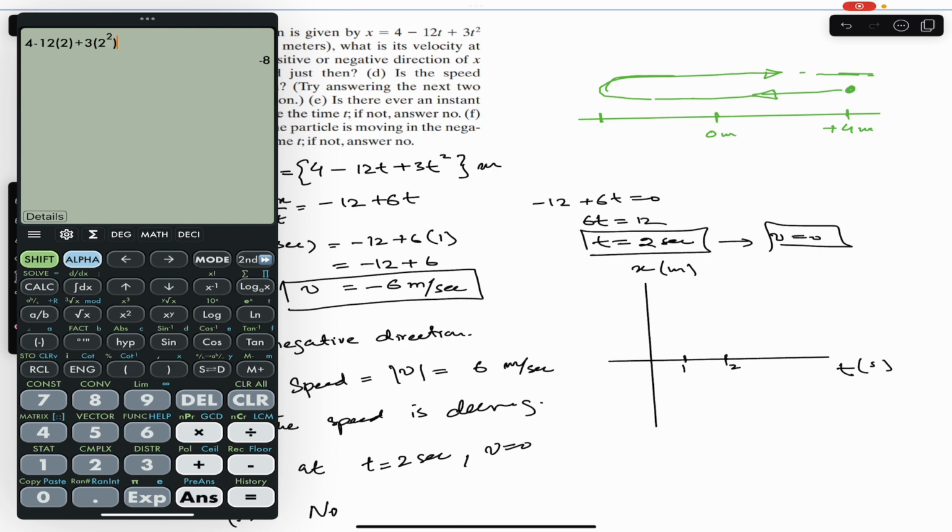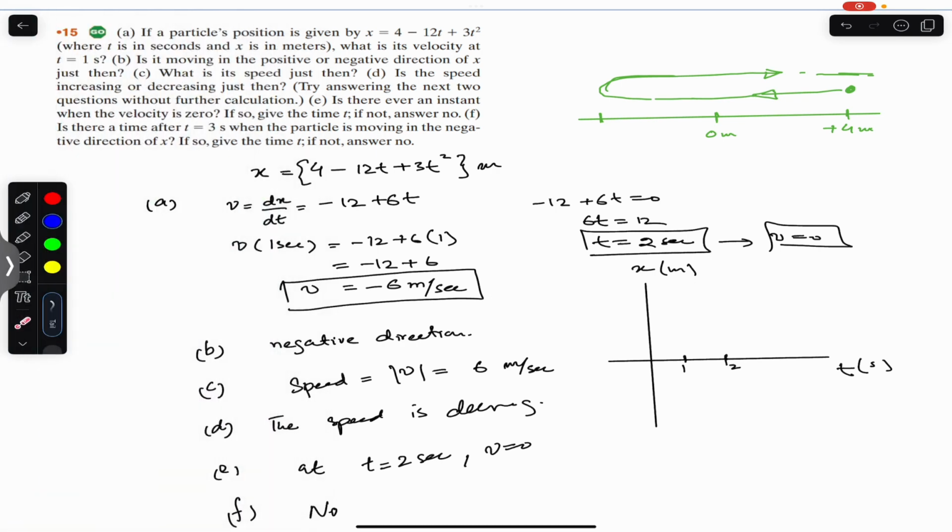So this particular position is minus 8. So at t equals 0, the particle was at 4 meters, and at t equals 2 seconds, it was at minus 8. At this point, the velocity is 0, and then it turns back towards the right and keeps on its motion in the positive x direction.